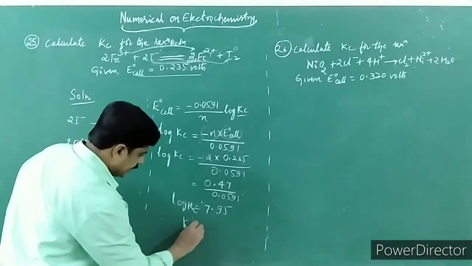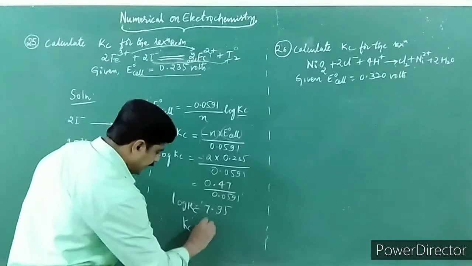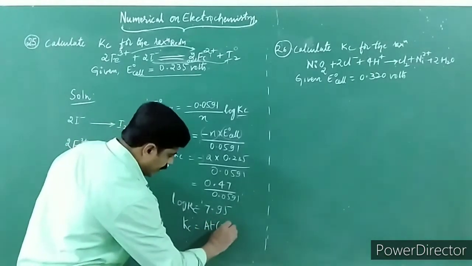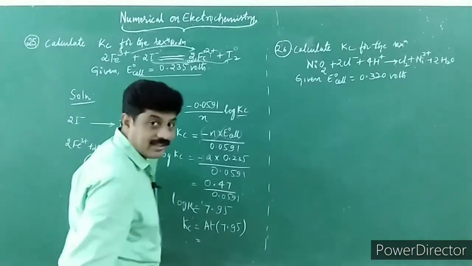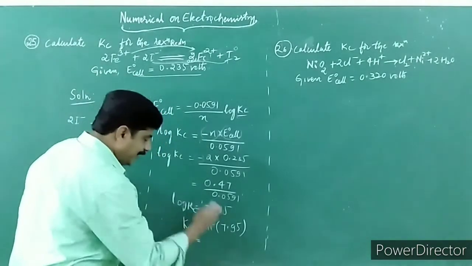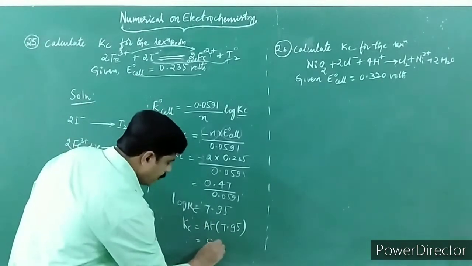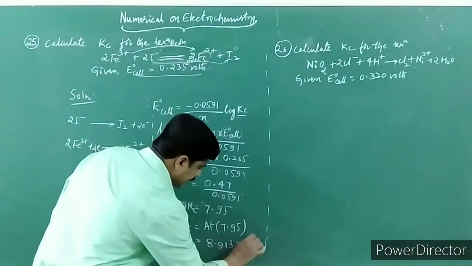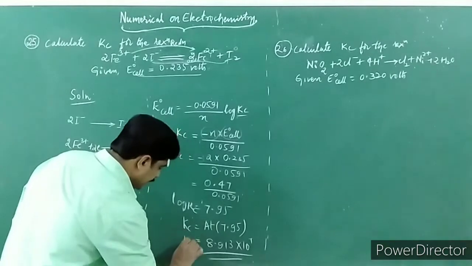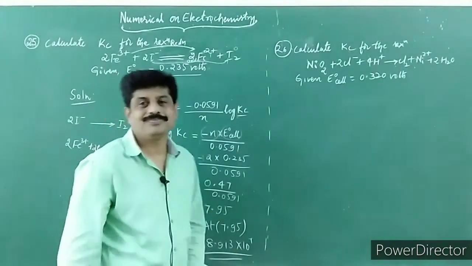Now Kc can be found out by taking anti-log of 7.95. Children, we know how to find out the anti-log value. So you find out, you are going to get 8.913 into 10 to the power of 7. So this is the Kc value for you.